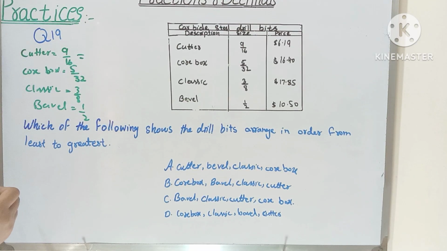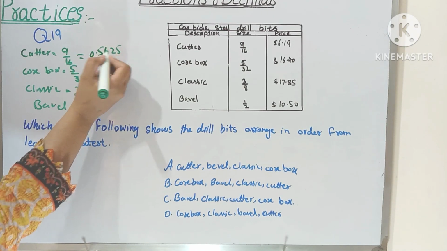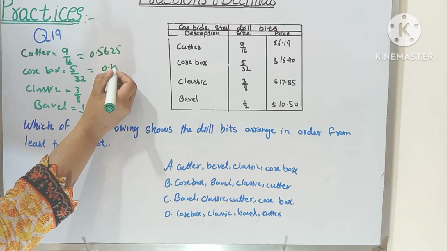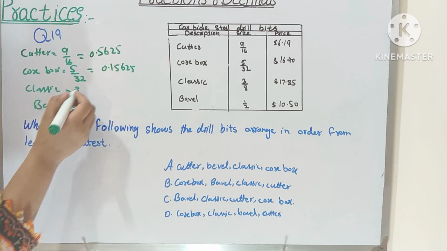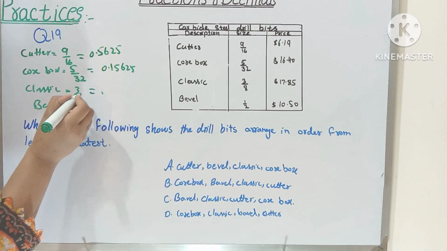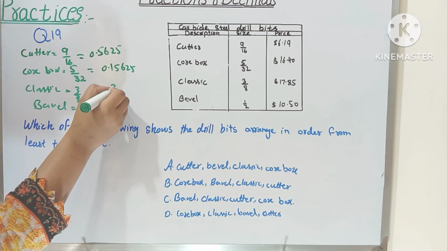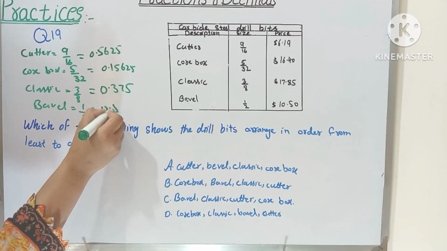Now 9 divided by 16, my answer is 0.5625. Core box, 0.15625. Next, classic. When we divide 3 divided by 8, 0.375. Bevel, when I divide 1 divided by 2, 0.5.